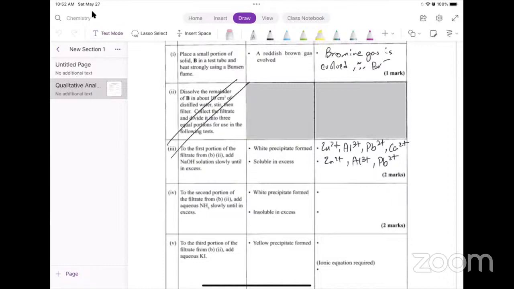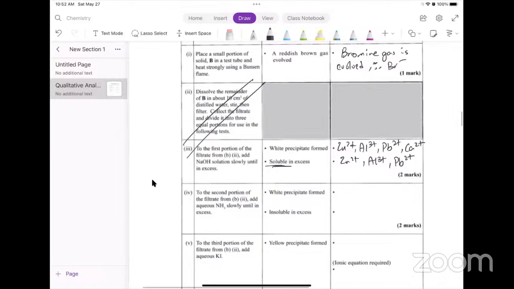So between the 3 of them, which one do you think? Zinc, aluminum, and lead. Right, because all of them will form the white precipitate. So which one do you think we have now? Look at the next part of the question. That should probably give you an idea of what to expect.